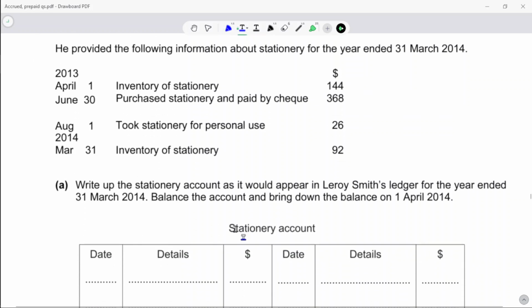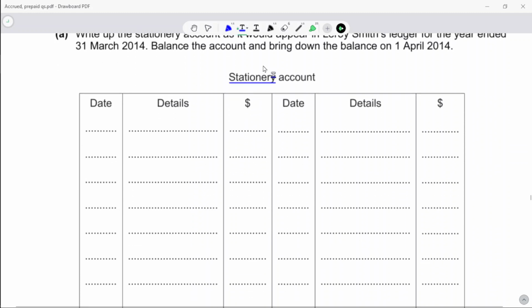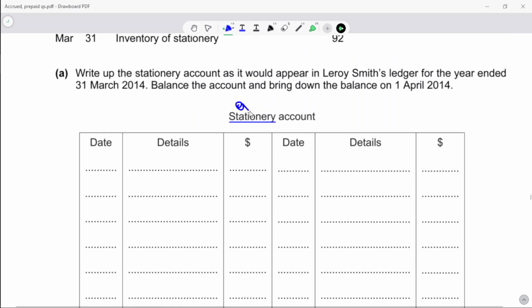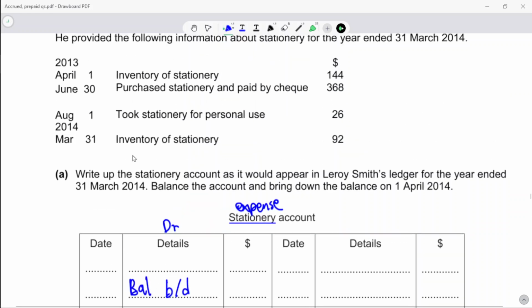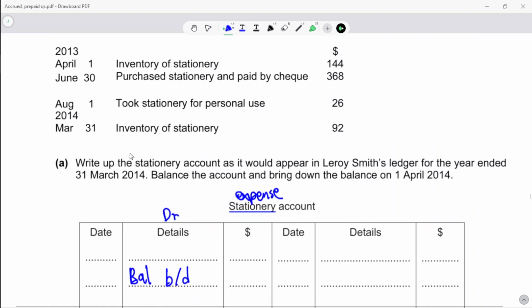Okay, what we want is the stationery account. This means expense, so we have a debit balance BD. On the first day he says 144.